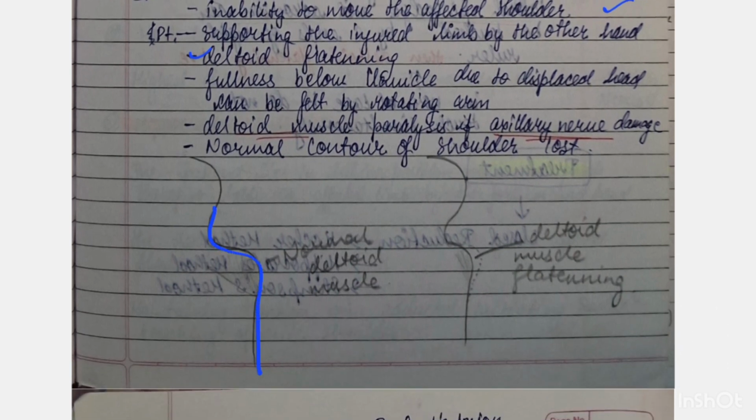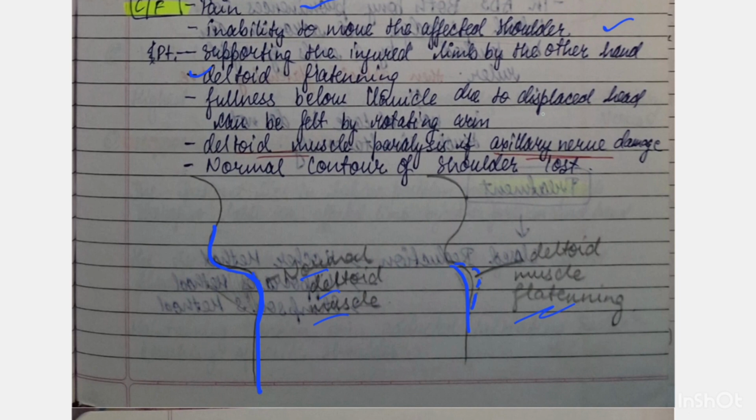This is the normal structure, how a normal deltoid muscle is seen. There is fullness over here in the shoulder. Usually when there is dislocation of the shoulder, the fullness of the deltoid muscle is lost. This is known as deltoid muscle flattening.